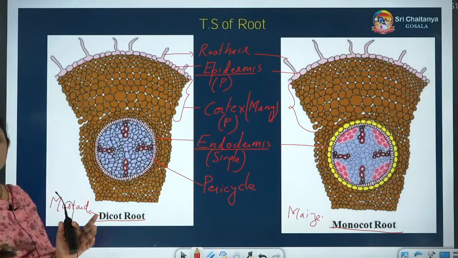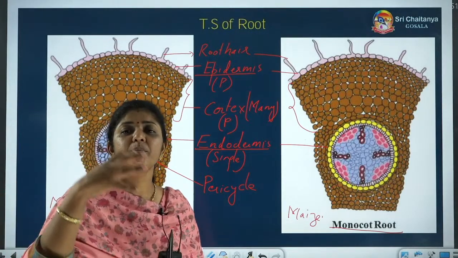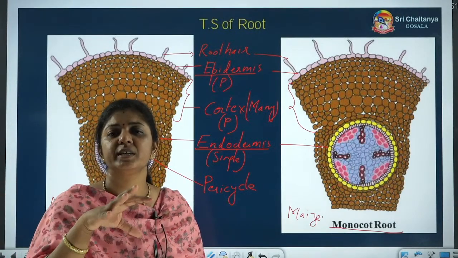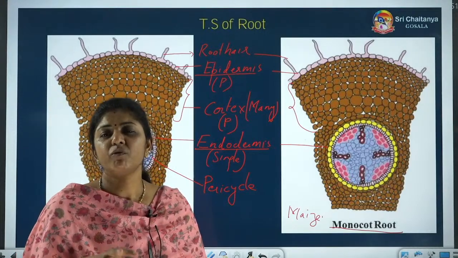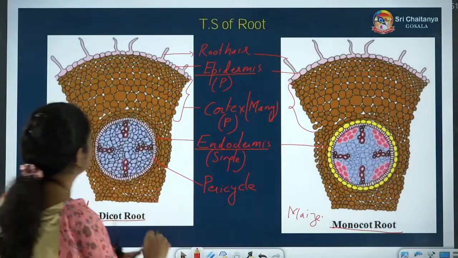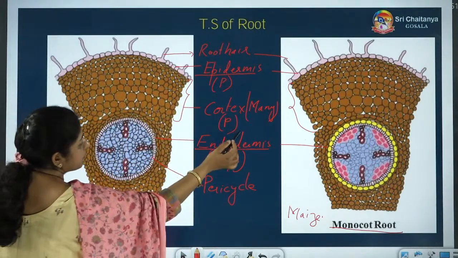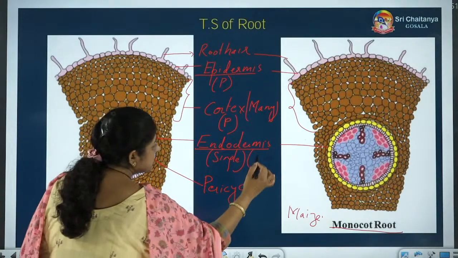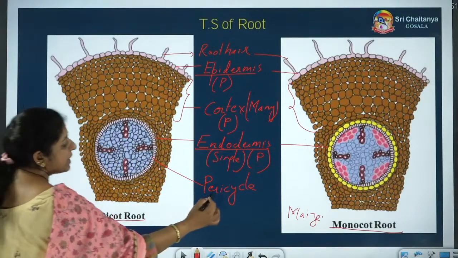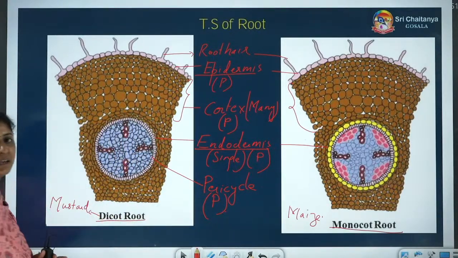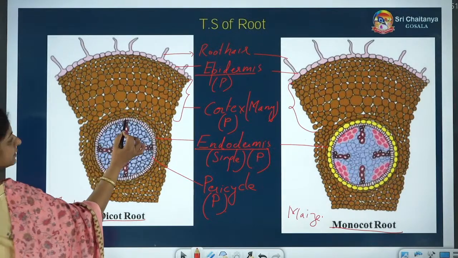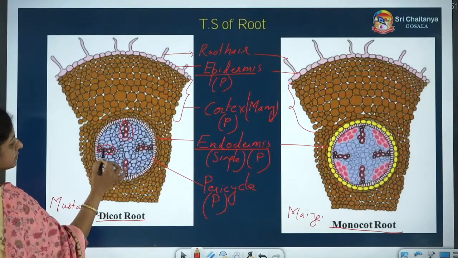And still inner to that one more layer is there, which you call pericycle. Just learn the layers. You should be aware of where parenchyma is going to be present, where the xylem and phloem are going to be present. So here the epidermis is made up of parenchyma, cortex is made up of parenchyma, endodermis is even made up of parenchyma, pericycle is even made up of parenchyma, and can you see here this part is a xylem part.